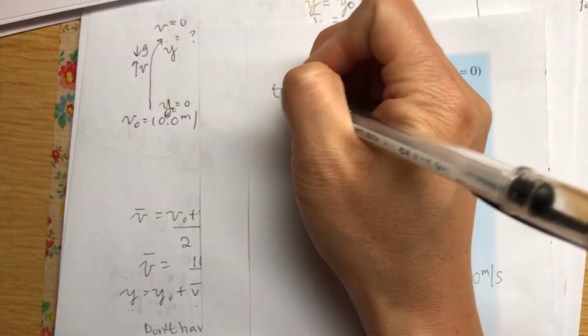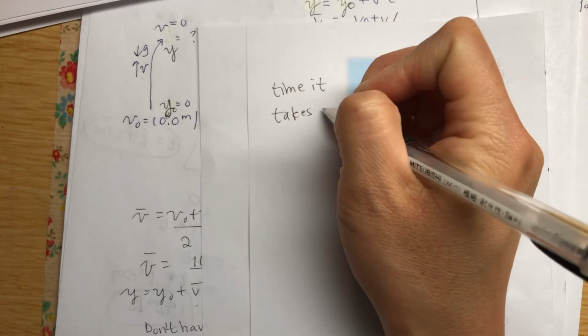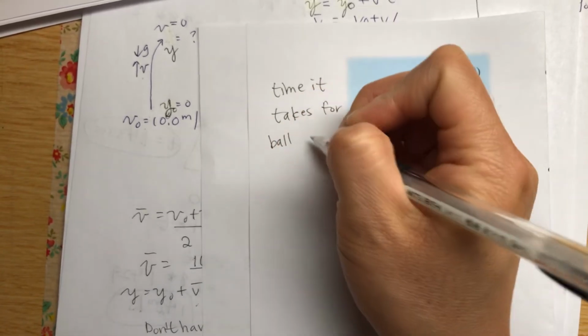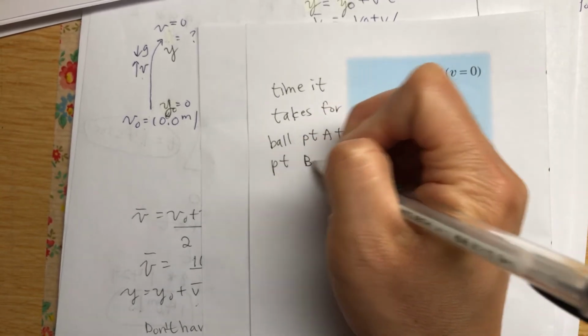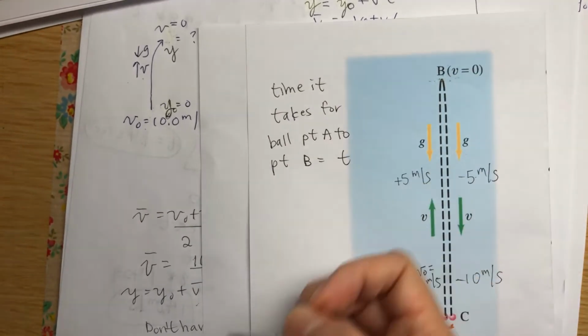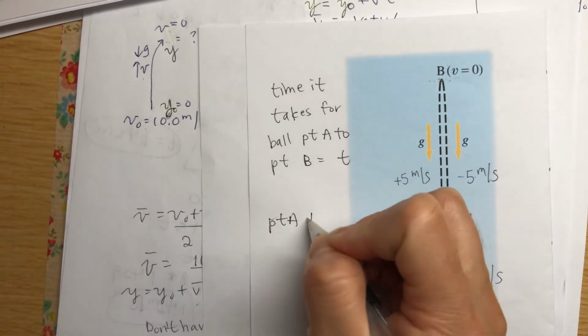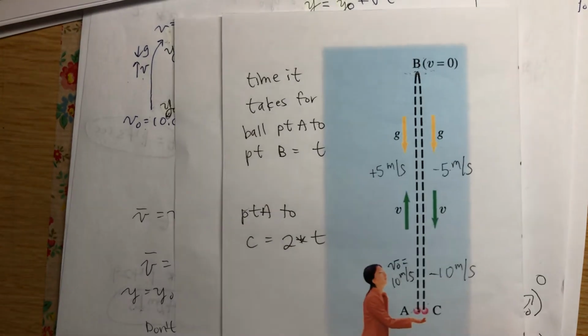The time for the ball to go from A to B is a certain time, so from A to C it's just 2 times that time.